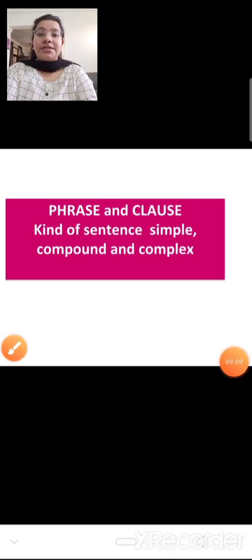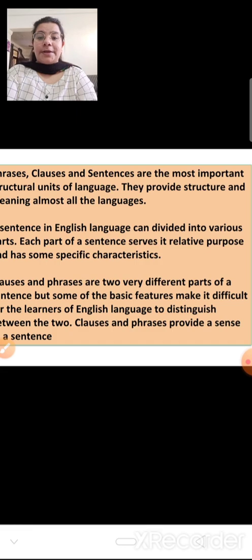So, before we start with the explanation of phrases and clauses, I want you all to know the value of phrase, clause, and sentence in the English language or in any other language. So, let us see first that part only.